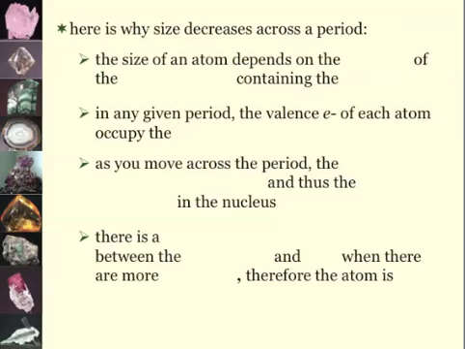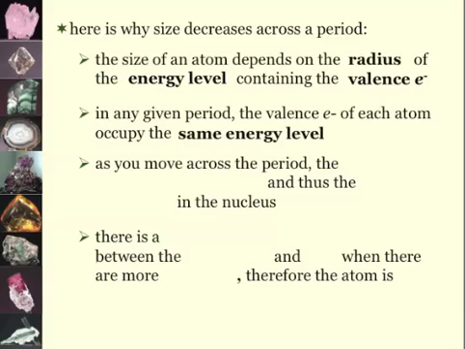The size of an atom depends on the radius of the energy level containing the valence electrons. In any given period, the valence electrons of each atom occupy the same energy level, so there's the same number of levels of electrons within each given period.